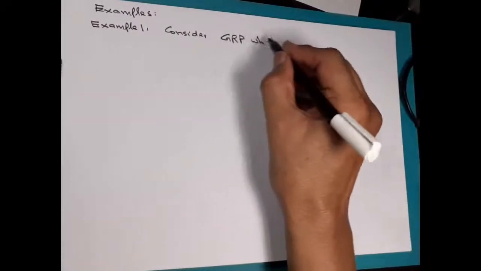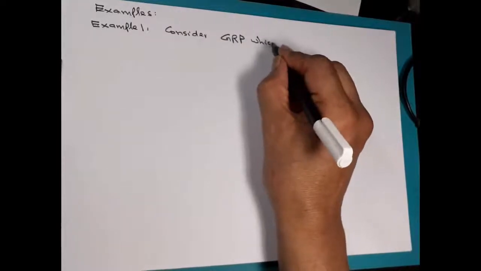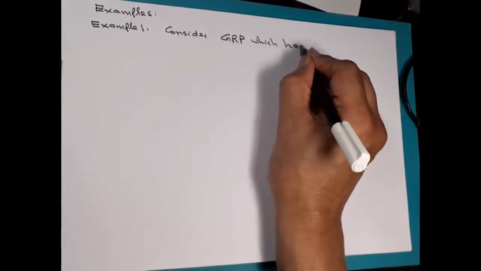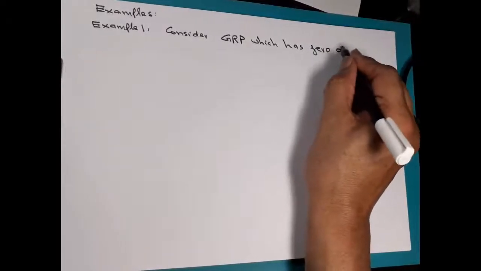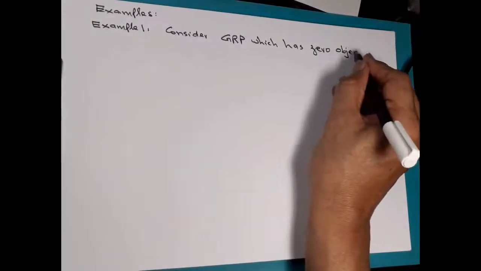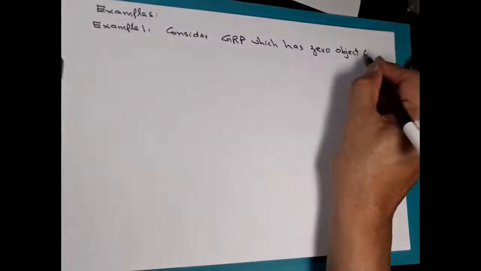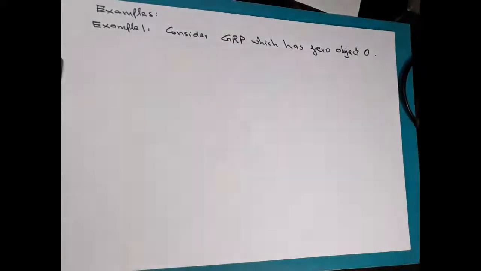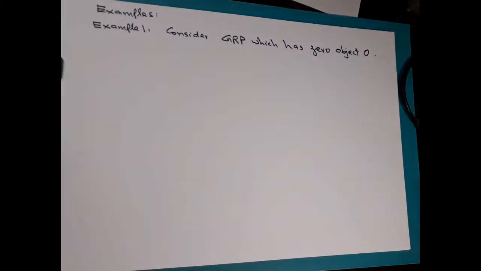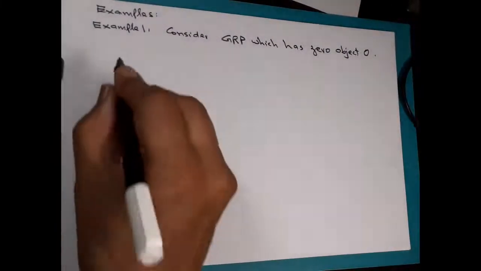So consider this category which has zero object, and we denote this object by capital O. Also note that in the category of groups, pullbacks exist.